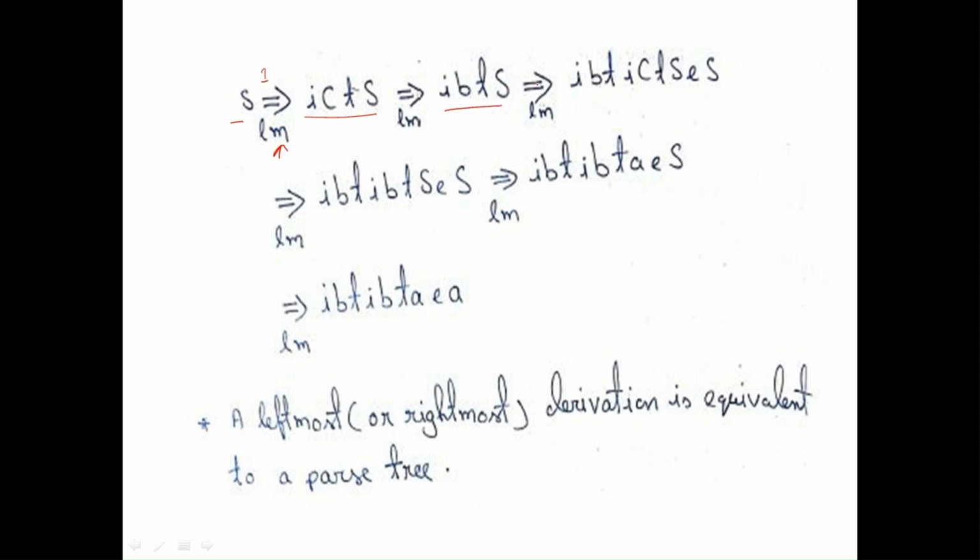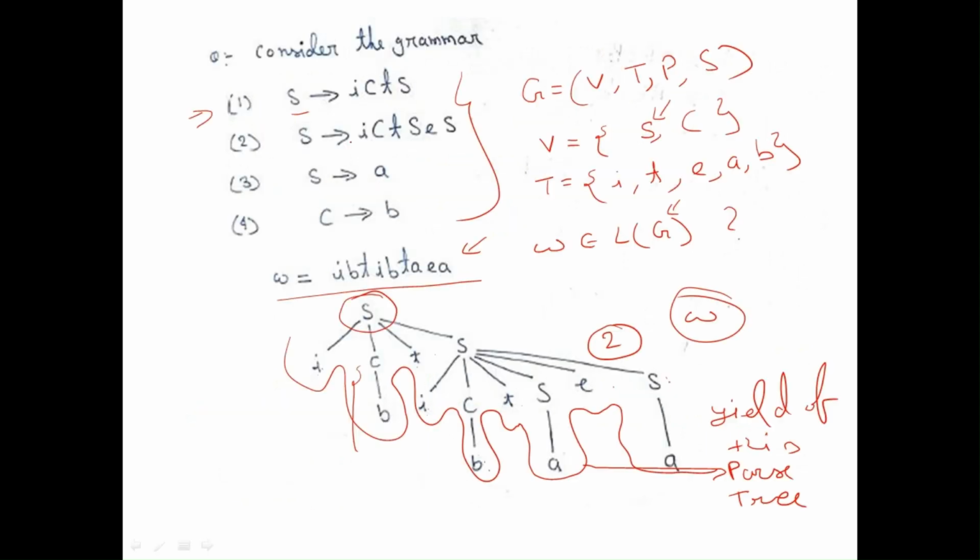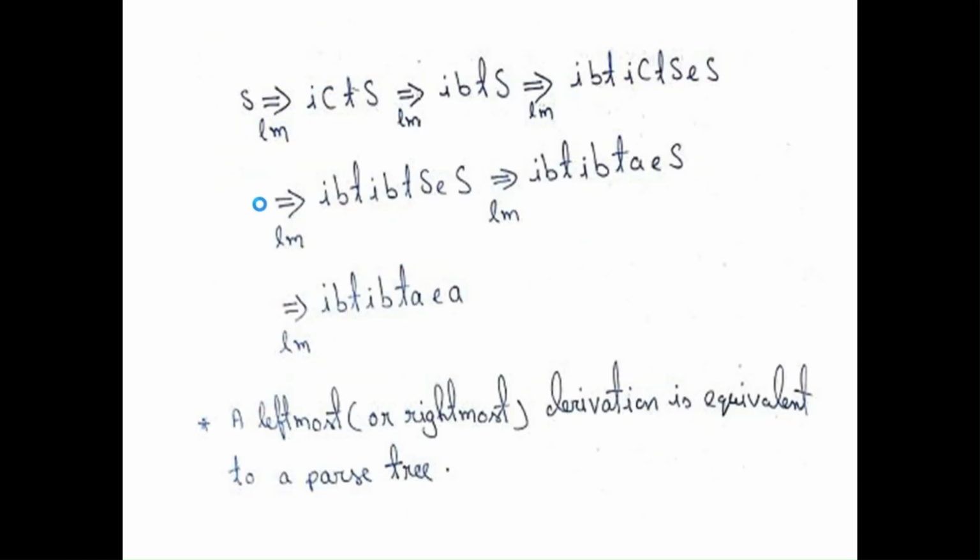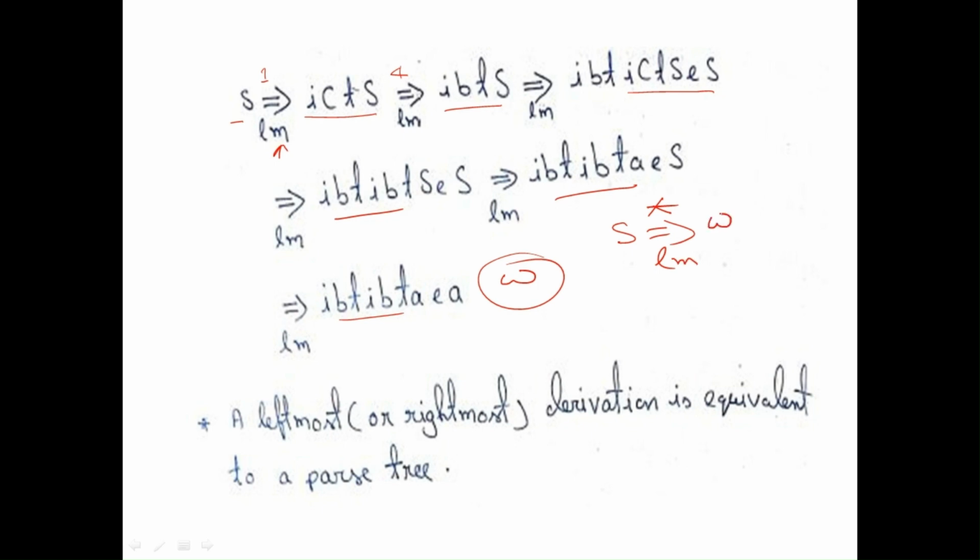Again IBTS by using production 4, and so on, ultimately reaching W. Okay, so S derives W in leftmost derivation. Fine. A leftmost or rightmost derivation is equivalent to a parse tree. We have seen that.